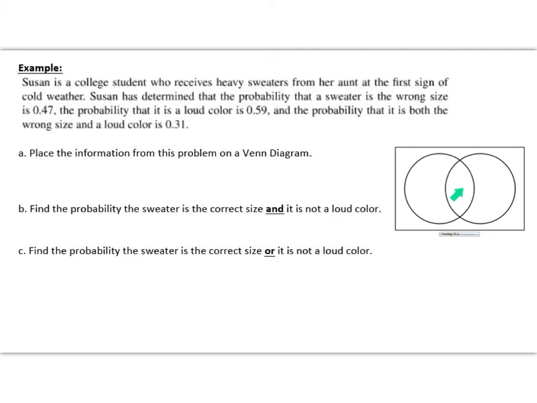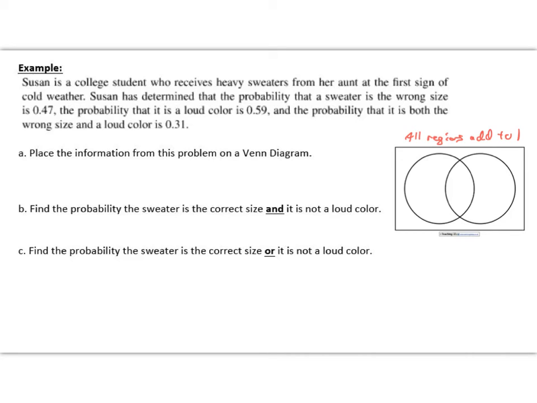Here in the middle is where they intersect, and out here is kind of like our universal set, which is not in either one. So let's go through this problem and see if we can come up with some answers. If you're using this for probability, the key thing you need to remember is that all regions add to 1. That's the key thing we need to remember here.